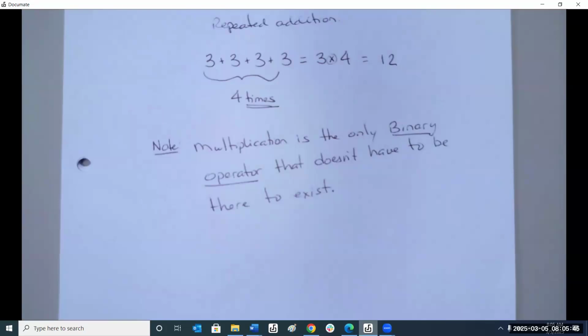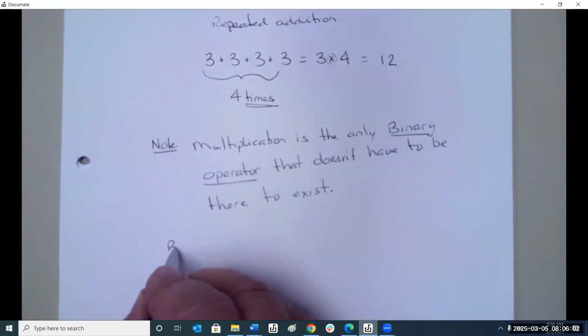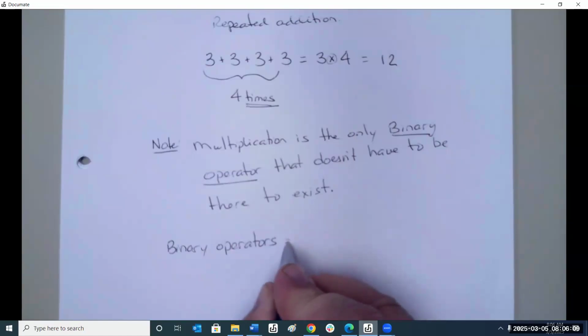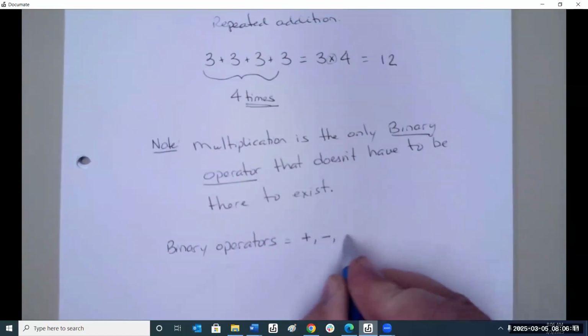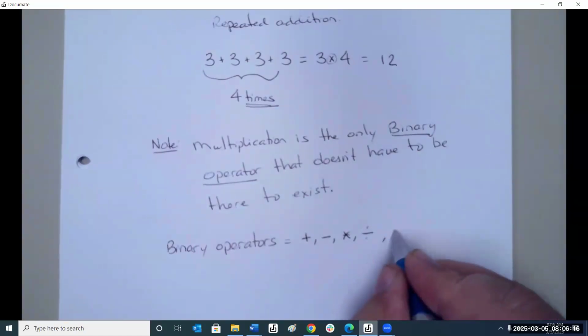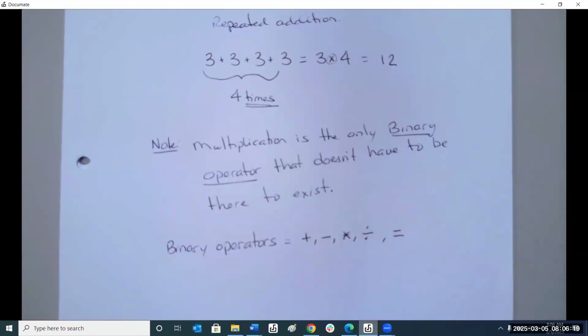You're just trying to separate the word in pieces. No. What does binary operator mean? Yes. Binary operators are these. Actually, we'll even go one step further, go equals also.